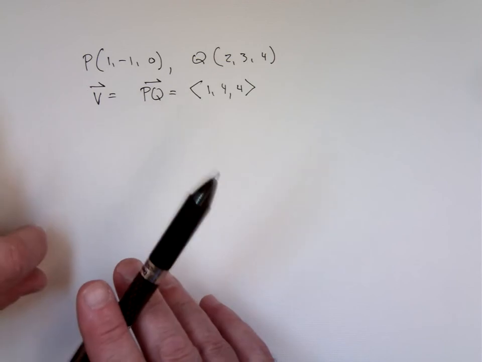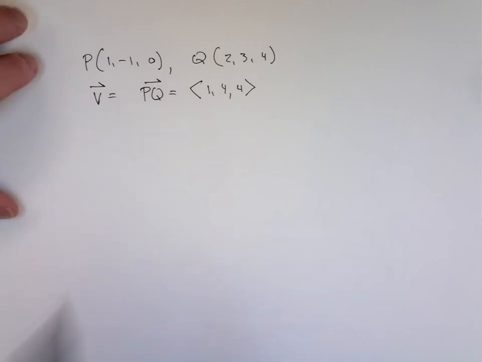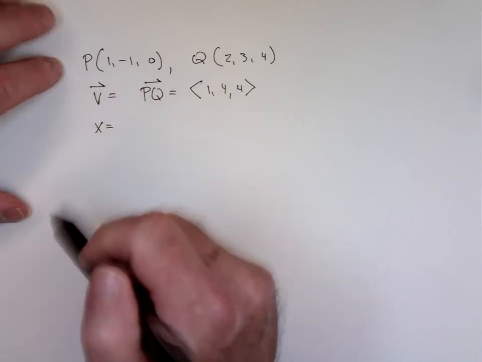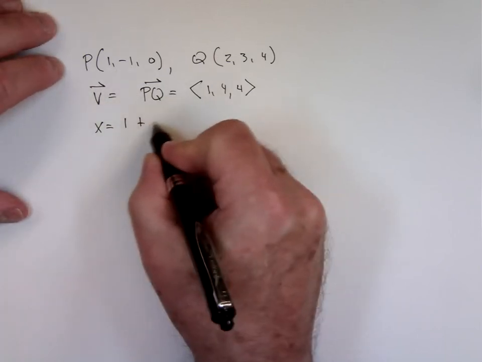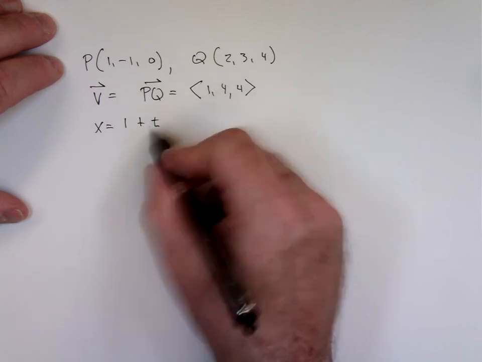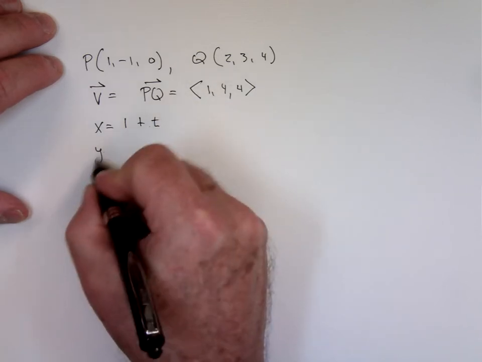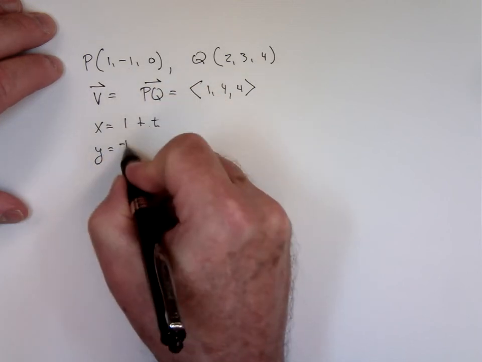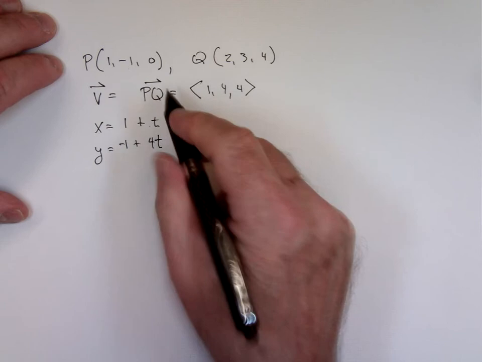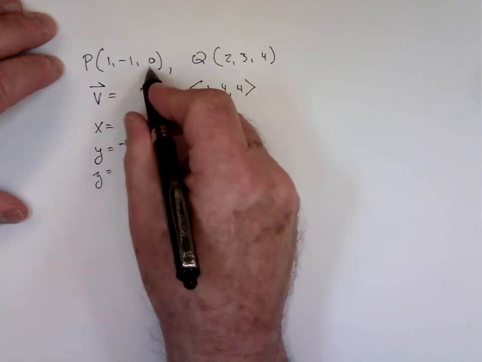The equation of that line is x equals, I'll take point P, 1 plus 1t. This 1 here is the coefficient of t. y is equal to negative 1 plus 4t. z is equal to 0 plus 4t.